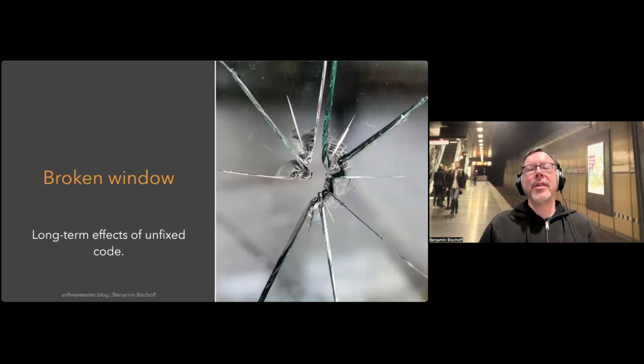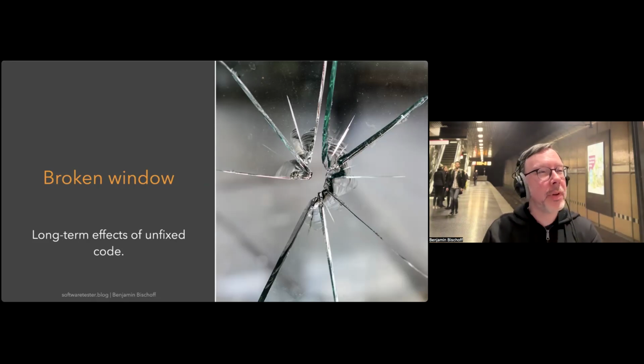And there are some things that might be a good idea, and some things that might be worth knowing about. One is called the broken window. This term refers to a house when a window is broken and this is not fixed for a long time.